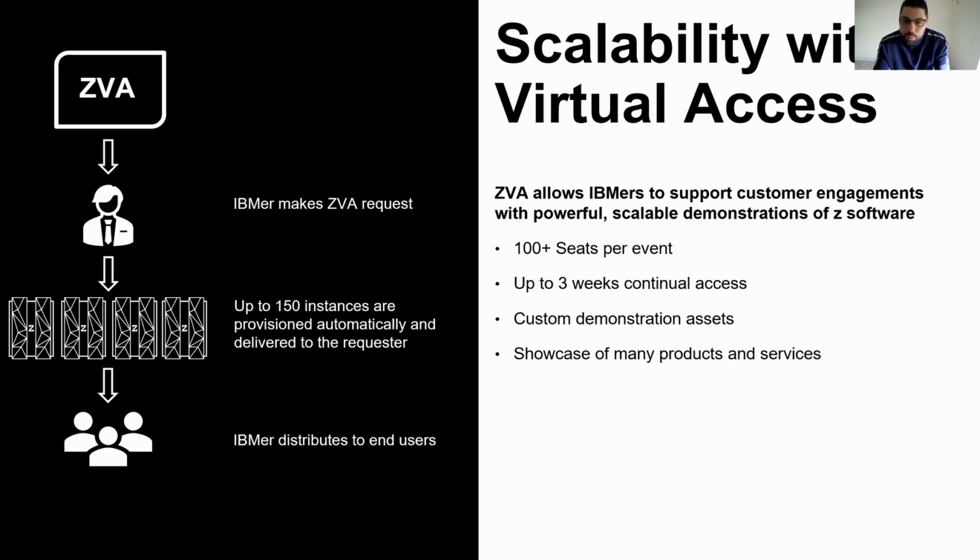What we want to encourage people to do is to reach out to their contacts within IBM, reach out to me, reach out to the rest of the Z Trial team, reach out to tech sales, reach out to product managers if you want to engage them, and say, look, we have a requirement to either skill up or to enable or to educate at a large scale, and then get the IBMer to schedule and run one of these ZVA events with you and your customers and your users and whoever else it might be.